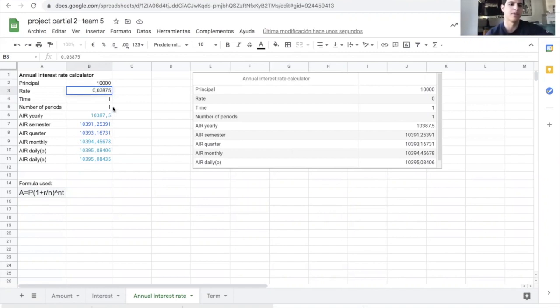So for example, here we use the principal of 10,000, the rate of 3.875, but in decimals it is 0.03875. Time 1 year, number of periods 1, and here are the calculations that the Excel did. For example, here we'll put, I don't know, 11,000.